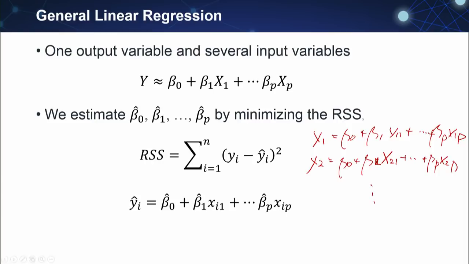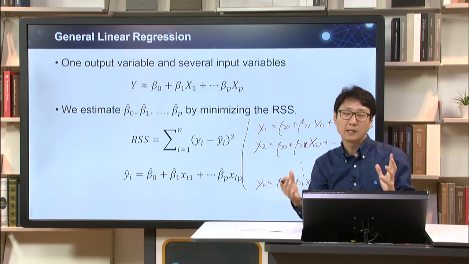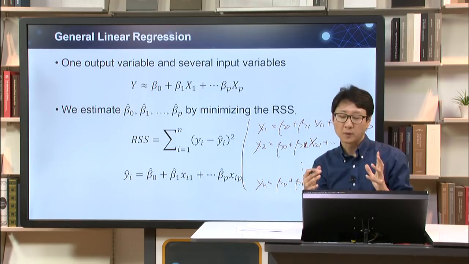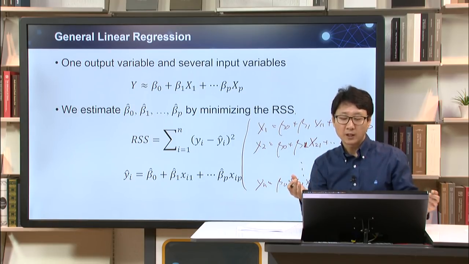In this way, in total we have n samples. So yn is equal to beta 0 plus beta 1 xn1 plus so on plus beta p xnp. So we can rewrite all of the equations like this, in total n equations with p input variables.